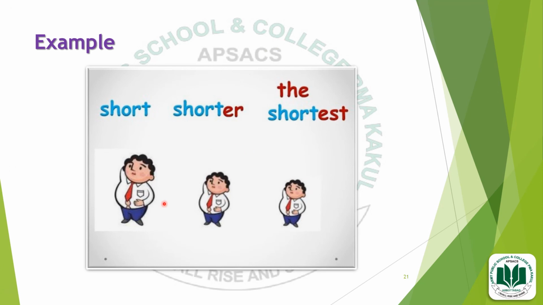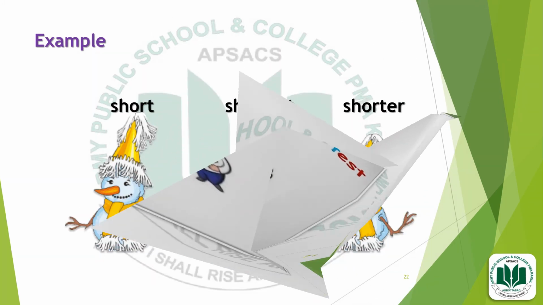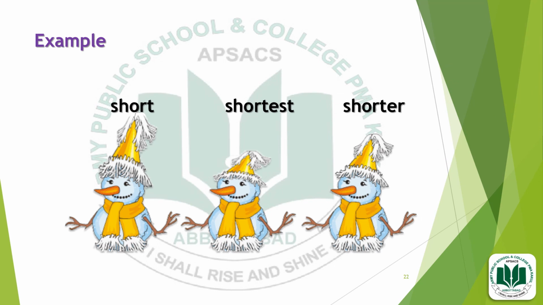This is short, this is shorter than the first one, and this is shortest. Let's compare the snowman. This snowman is short. Is this shorter? No, this is shortest. And this one is shorter. So we have short, shorter, shortest.